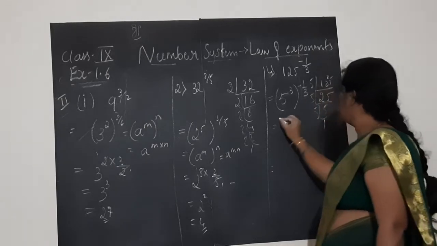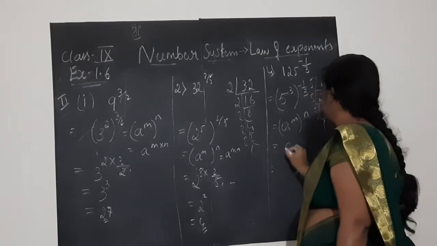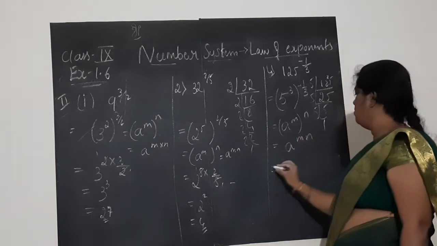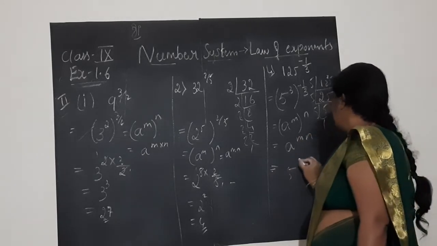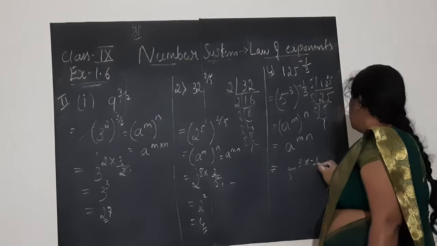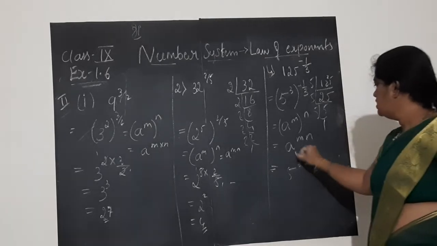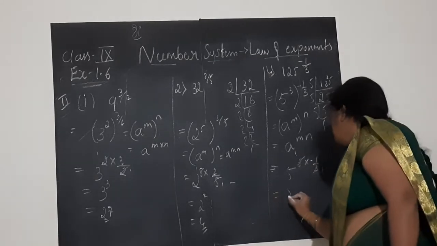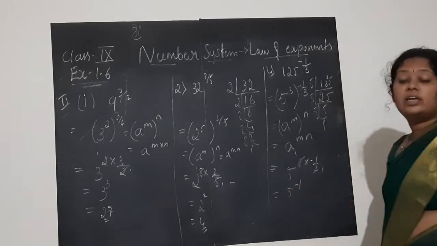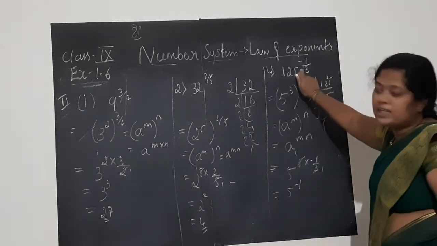Again it is of the form a power m whole power n, which is a to the power mn. So that is 5 to the power 3 into minus 1 by 3. 3 ones are 3 ones are. You have 5 to the power minus 1 now. Don't forget this minus sign.